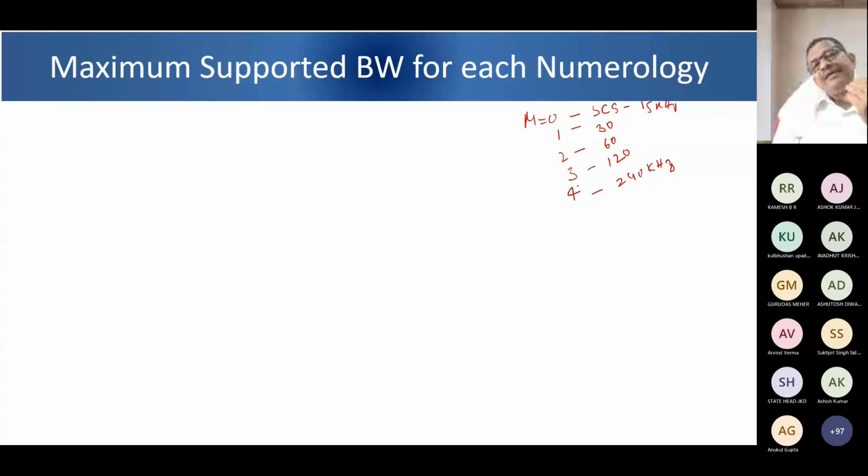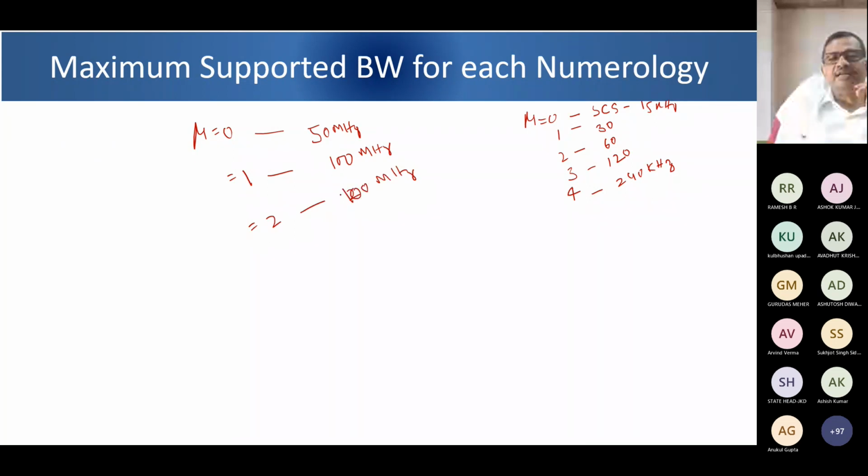Then I told you, for every numerology, how much channel bandwidth you can use. For example, if I use mu0, the maximum channel bandwidth which I can use is 50 megahertz. If I use 30 kilohertz, then I can go to 100 megahertz. If I use mu2, I can go up to again 100 megahertz. This is in FR1.